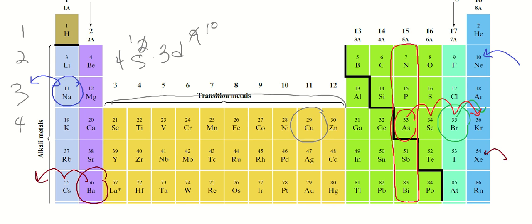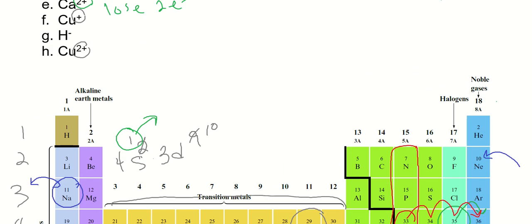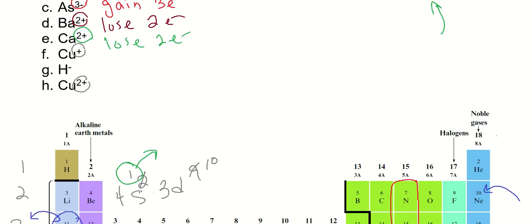Anyway, now you can see why it's common for it to lose 1 electron. It doesn't mind doing that, because then it has all its sublevels full of electrons. That's just giving you a little reasoning behind this 1 plus charge. So it loses that one valence electron in the 4s orbital.